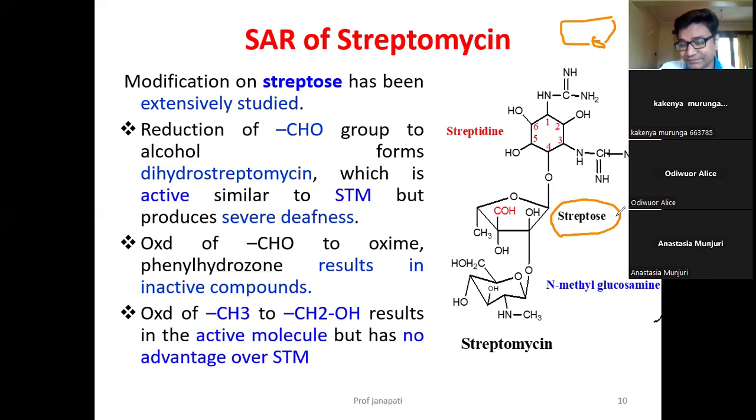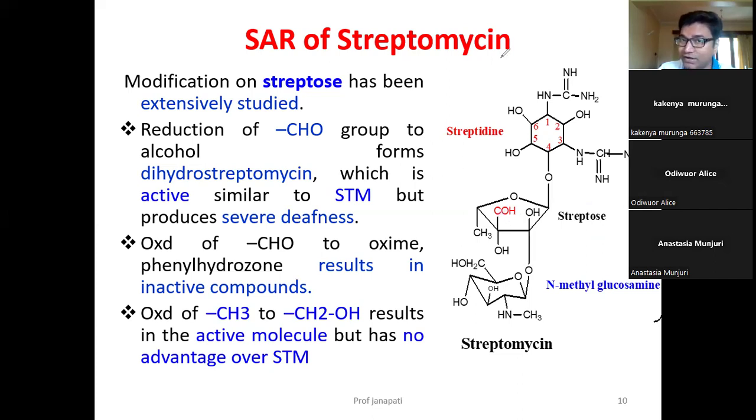On this streptose, a lot of research has been done and we got different compounds. Let us discuss that. In the streptose, there is an aldehyde portion. You observe we have highlighted it in red color. Now this aldehyde, you can reduce it.